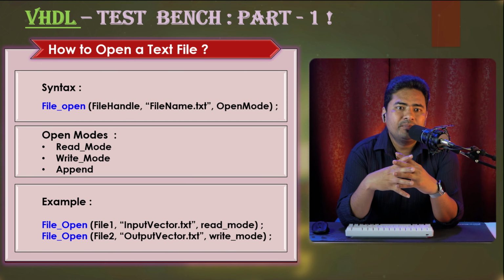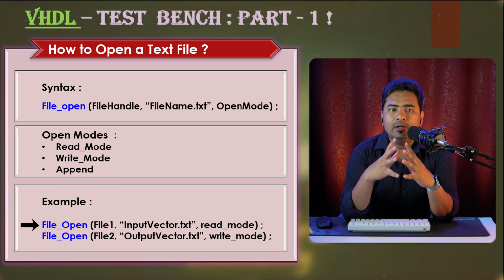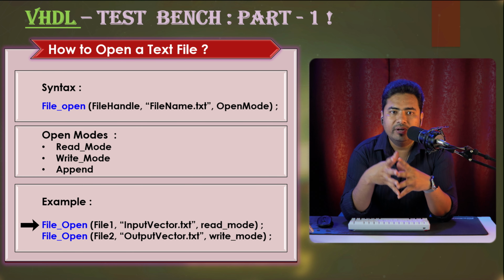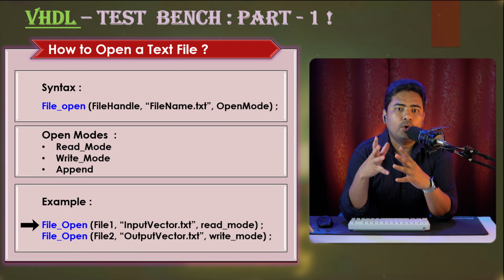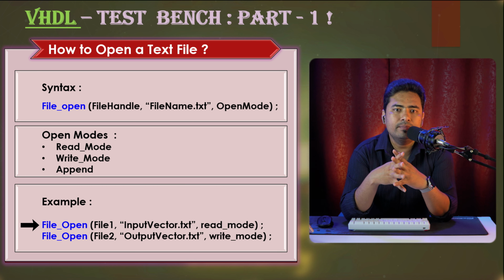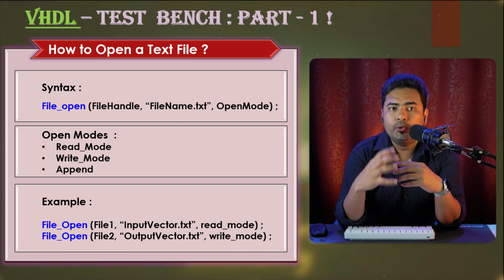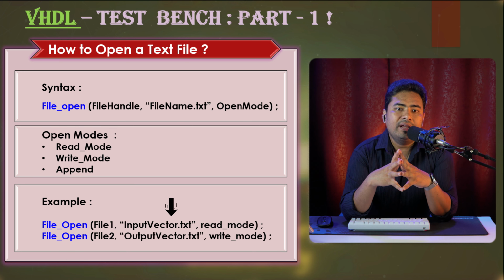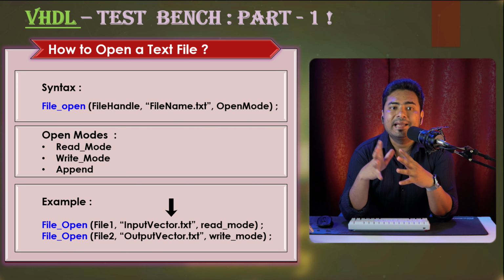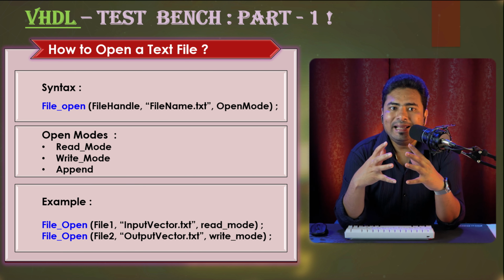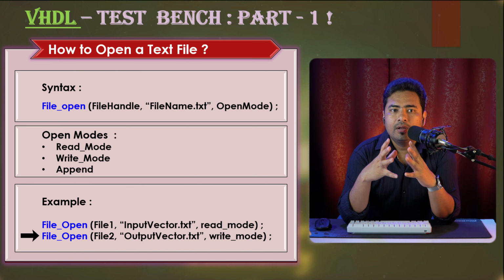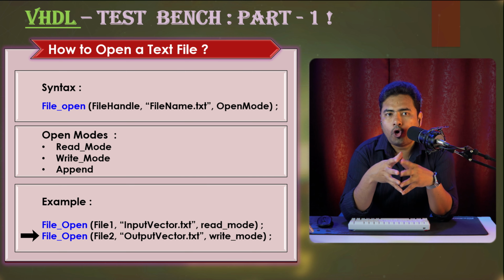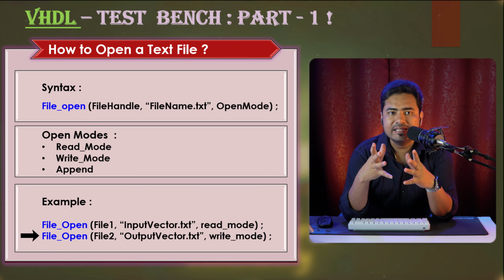For example, the first example is file open bracket file1, comma, input vectors .txt, comma, read mode, semicolon. So you may guess it will open file1, the name of the text file is input vectors.txt, and it will open in read mode. The second example is file open bracket file2, comma, output vectors.txt, comma, write mode, semicolon.